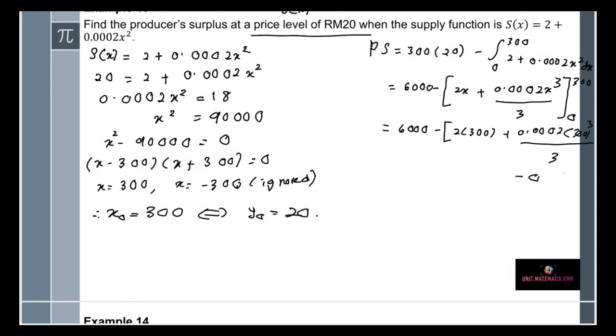Sorry, minus 0 here. So you press your calculator, you should have 3600. Therefore the producer surplus is RM3600.